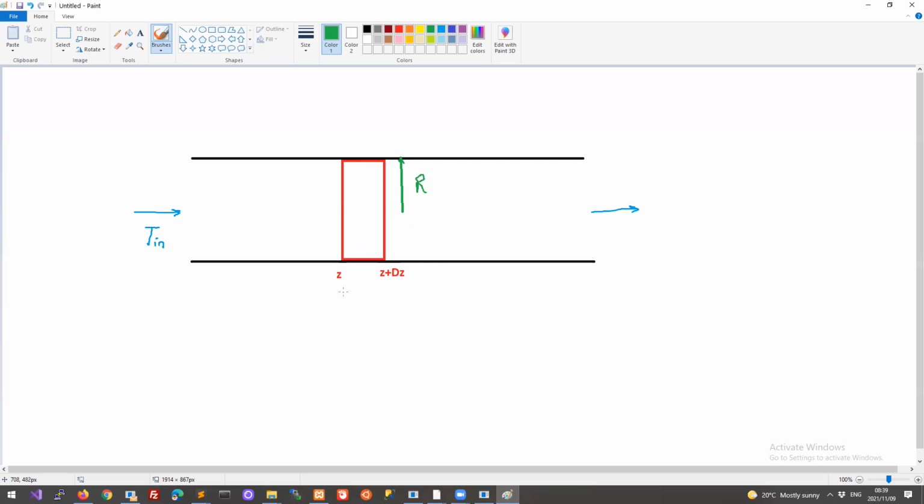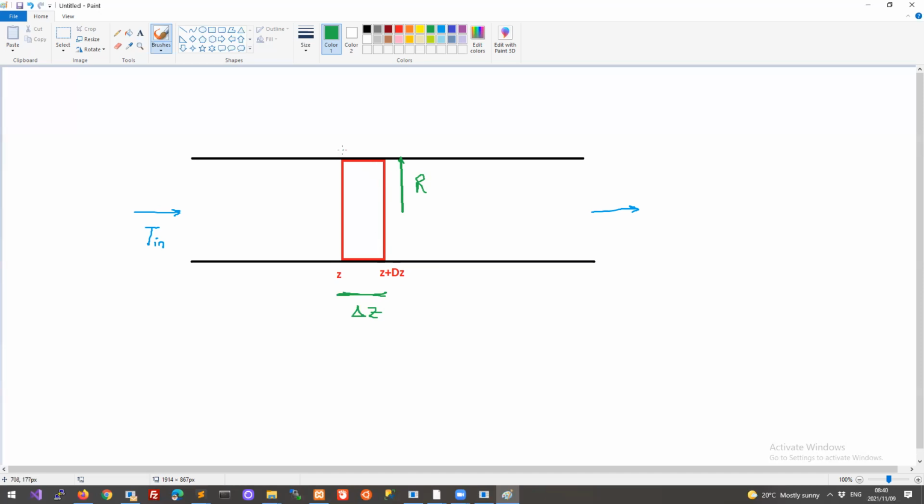We can also see that the thickness of the space is going to be delta Z, right? So Z plus delta Z minus Z, that's a delta Z as our thickness of this control volume. So we can see here, the volume of our control volume is going to be pi r squared times delta Z. The area of this flat face here is going to be pi r squared.